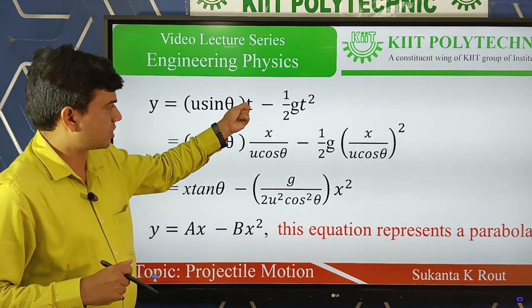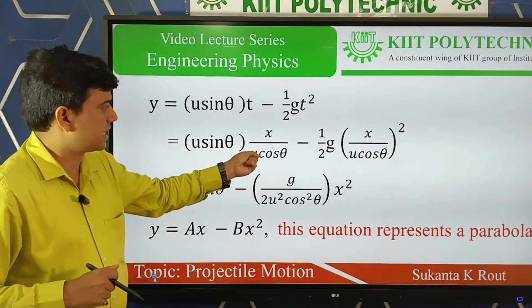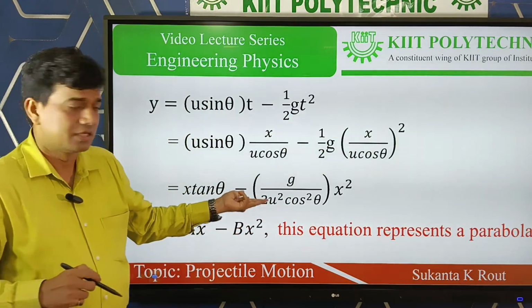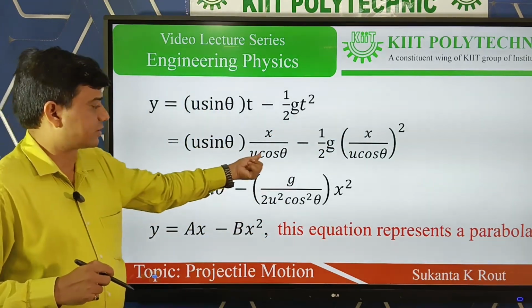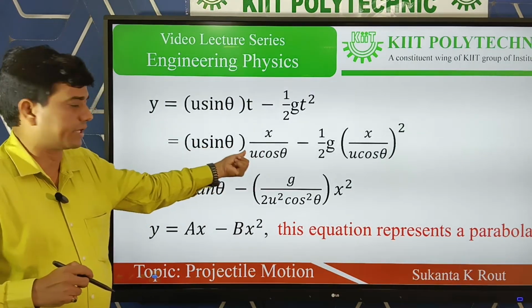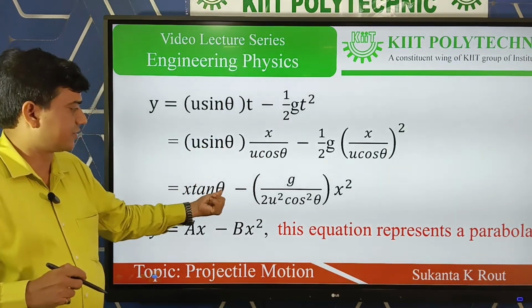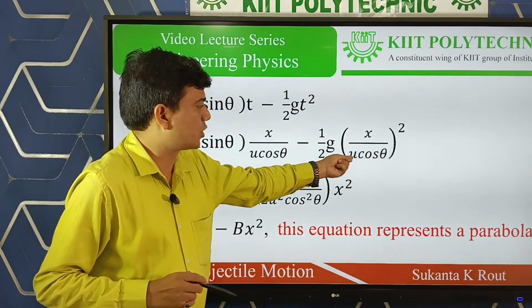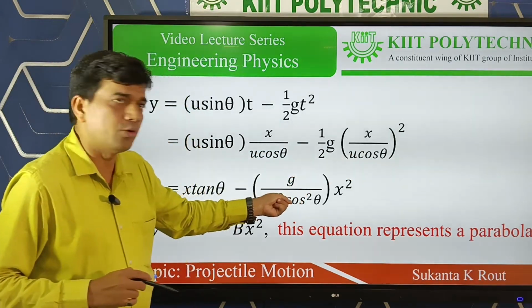That is, in place of t you put x by u cos theta, here x by u cos theta whole square. By simplifying, sin theta by cos theta is tan theta, u gets cancelled, so it will be x tan theta minus g by 2 u square cos square theta into x square.